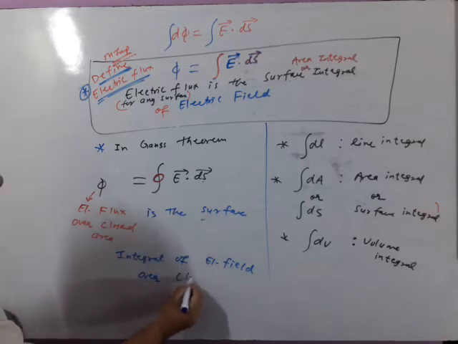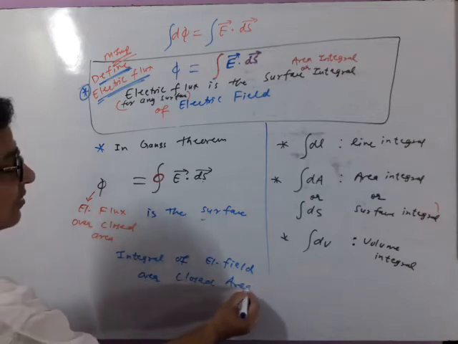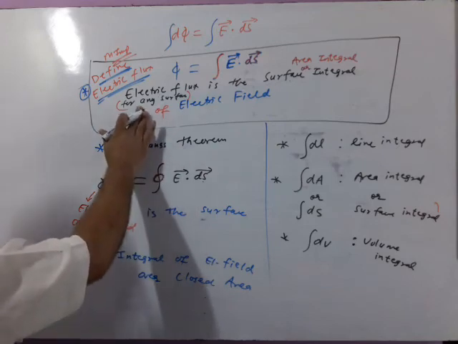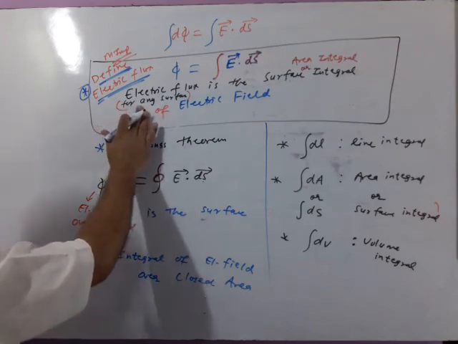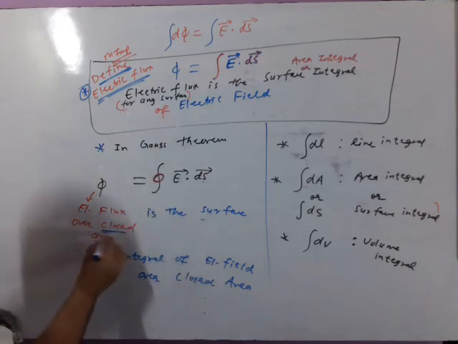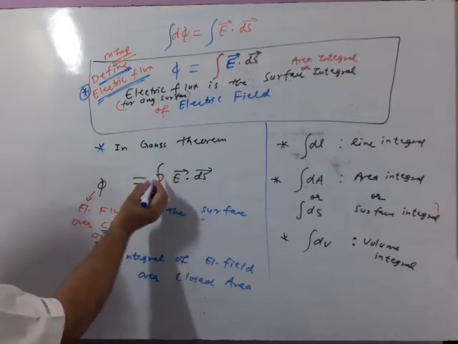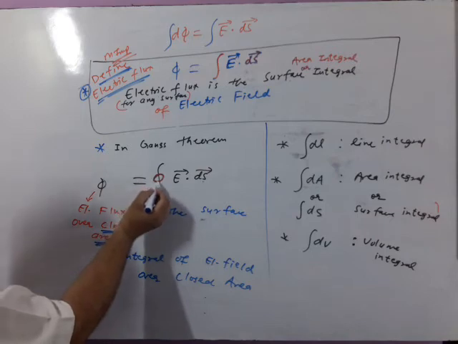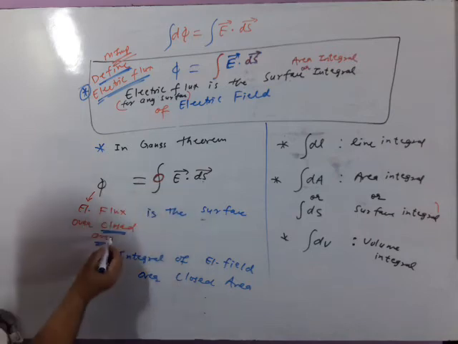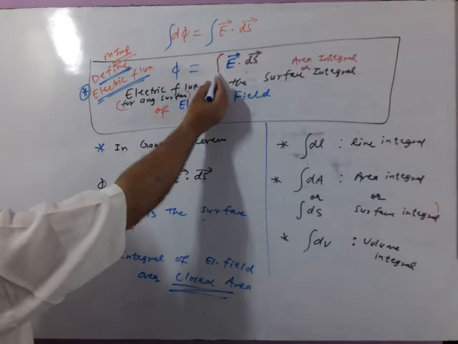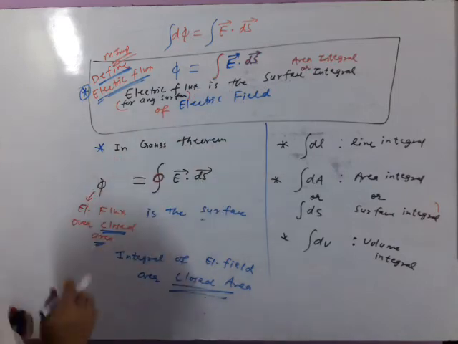Circle means over closed area. So see the difference. This is for a single surface or any surface. This is for closed area. So we give that symbol as a circle. So don't be confused. When we write the circle, we are finding flux for closed area. When we don't write it, it is for any single surface.